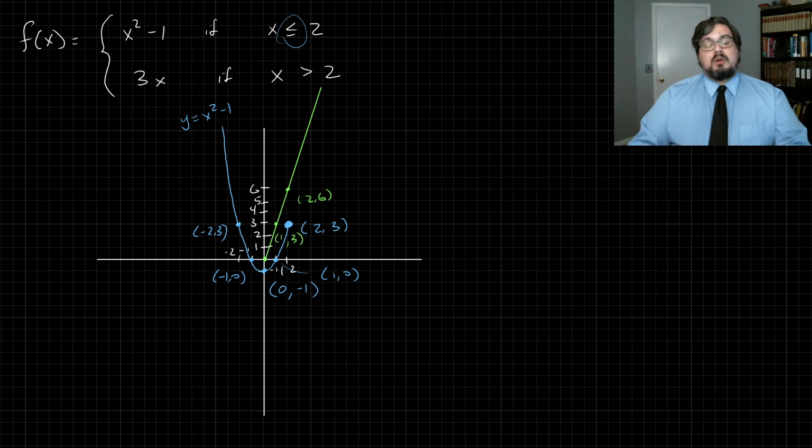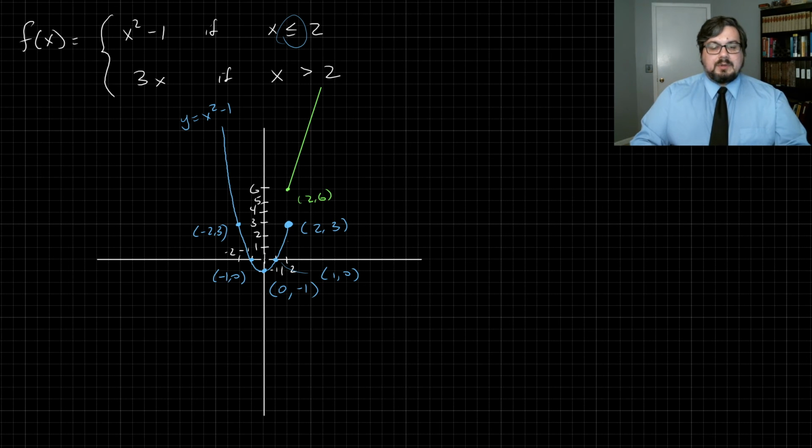Now again, we are only interested in the portion of this graph where the x values are greater than 2. So we're only interested in portions of the graph that are to the right of the point 2 on the x-axis. So we're going to erase everything on the graph that was to the left of 2.